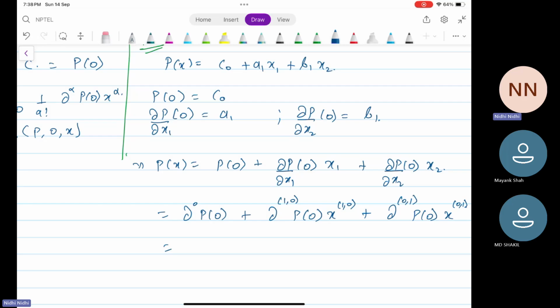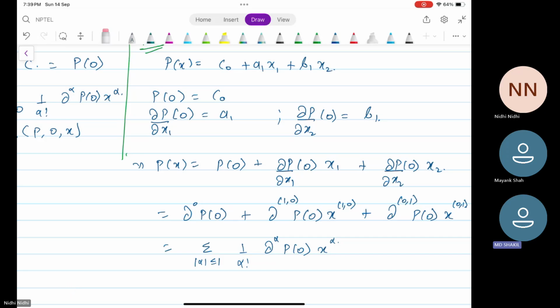So this is equal to the summation over mod alpha less than or equal to 1 of 1 upon alpha factorial del^alpha p(0) x to the power alpha. Because mod alpha equal to 1 can be made only for alpha equals (0,1) and (1,0).